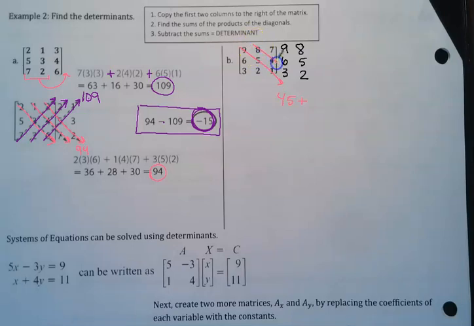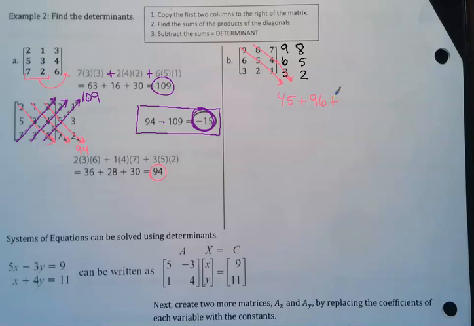8 times 4 is 32. 32 times 3 should be 96. I'm grabbing the calculator so I can check my math. 8 times 4 times 3, right? 96, look at that, okay. I screw up sometimes on the fly, especially.